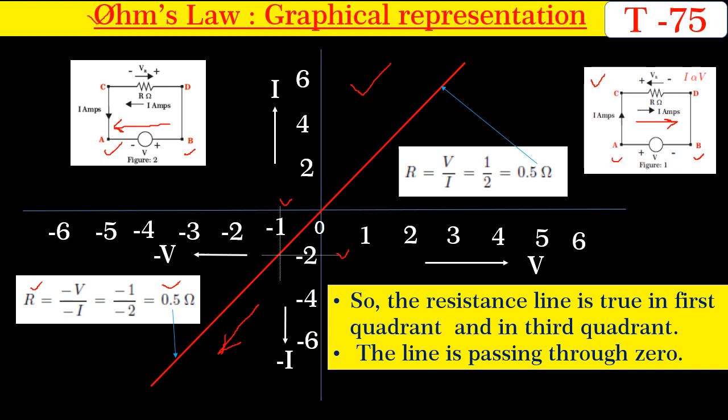What does this mean? This means that the resistance line is true in the first quadrant and in the third quadrant also. Another very important concept is the resistance line is passing through 0. These are the two important concepts that you have to remember, so that some more interesting facts can be brought out in the next discussion.